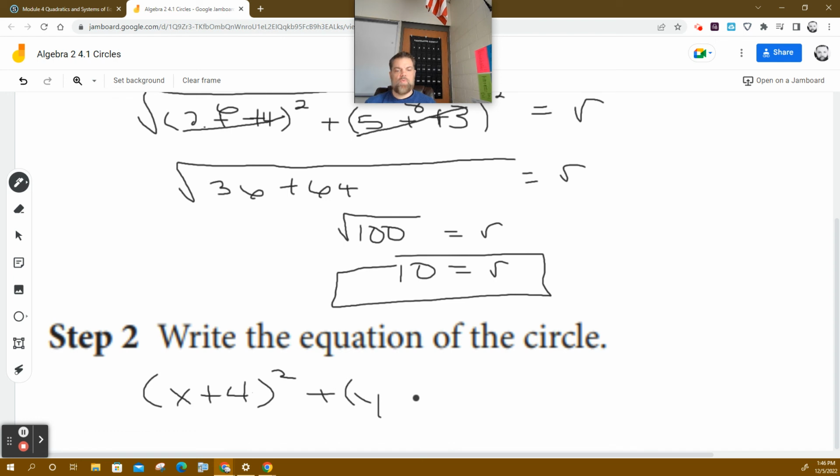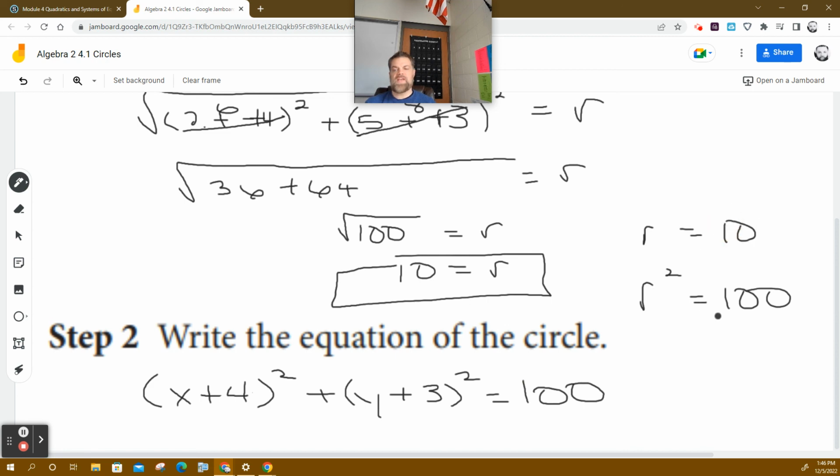And now we have y minus -3, which is plus 3, squared. And it's equal to the radius squared. But the radius squared is 100, isn't it? Well, it's 10 squared, right? R equals 10. When you square both sides, you're going to get 10 squared. Any questions on that? Does that make sense?